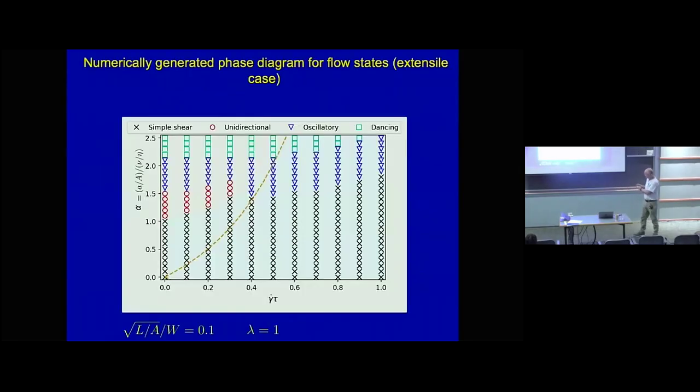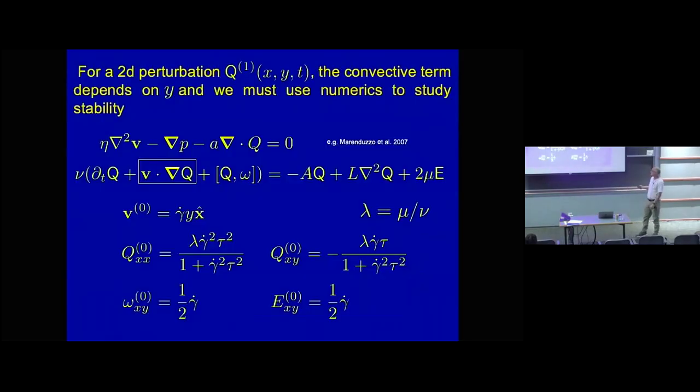So let's now turn to a two-dimensional perturbation, where the order parameter tensor Q and the vector field should depend on not just y, but also on x.